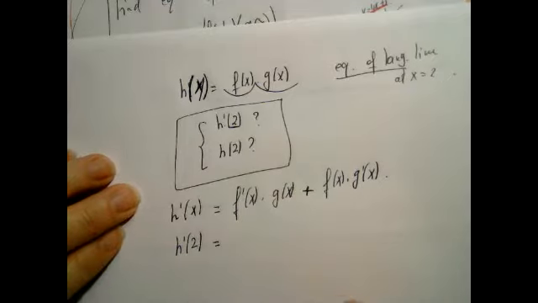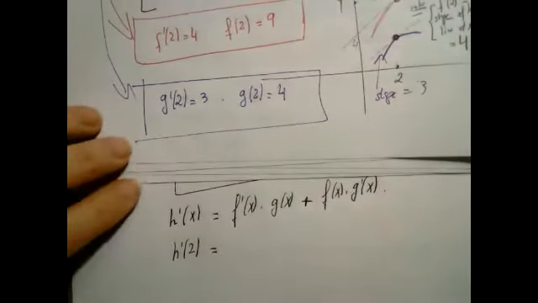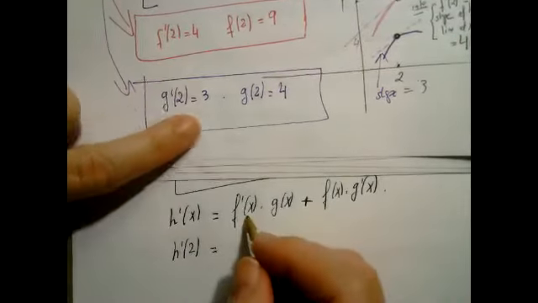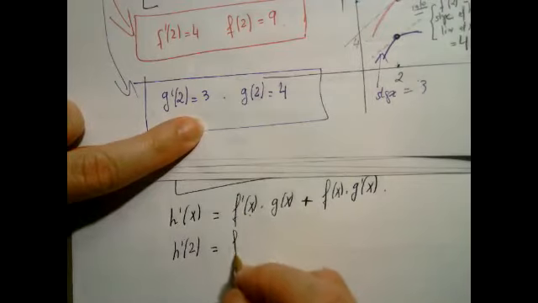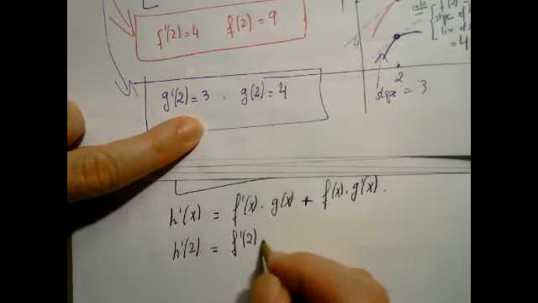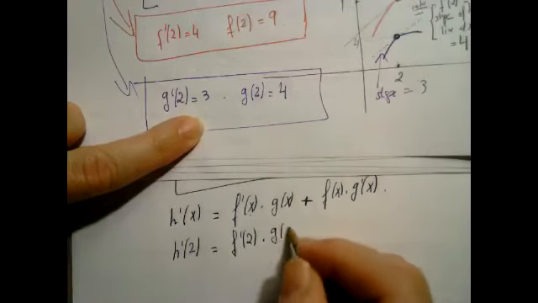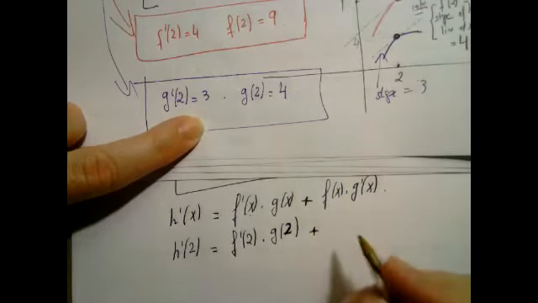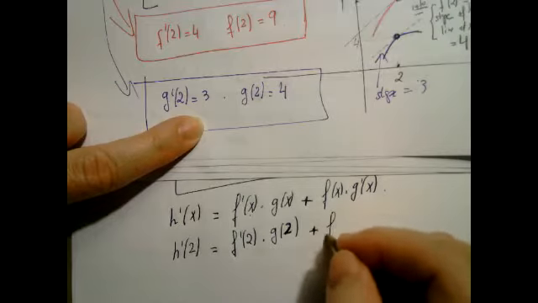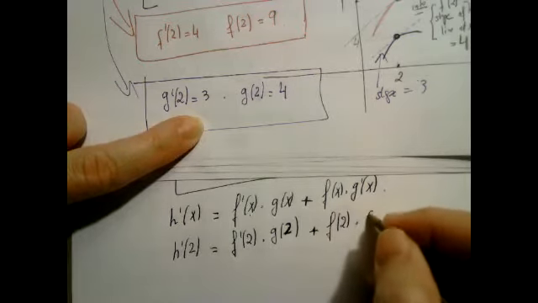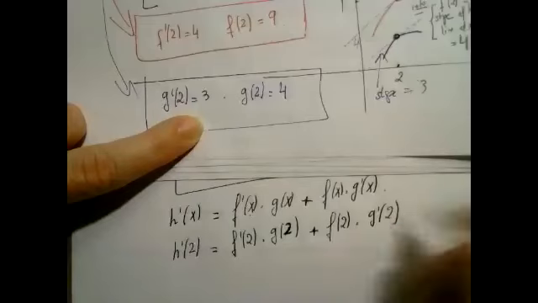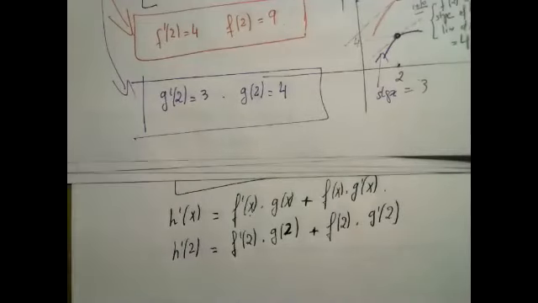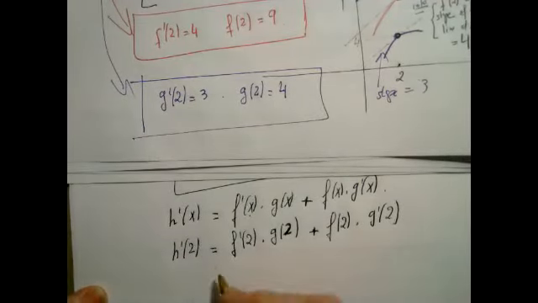What is h prime at 2? All right, now I need all the info I've collected in the previous problem. So what's h prime at 2? At this stage, I substitute. It's f prime at 2 times g at 2, plus f evaluated at 2 times g prime evaluated at 2. Now I plug in the values.